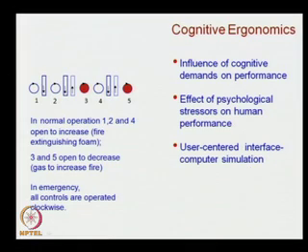A good amount of psychological findings are used in this. As for example, it can be said that suppose in a work area these 1, 2, 3, 4, 5 are the controls, knobs.